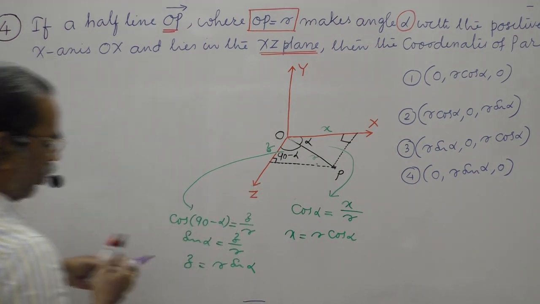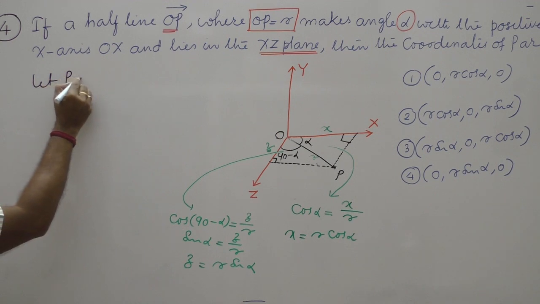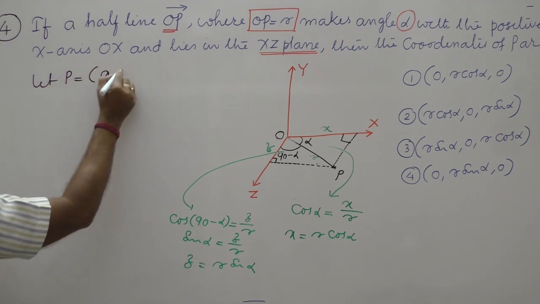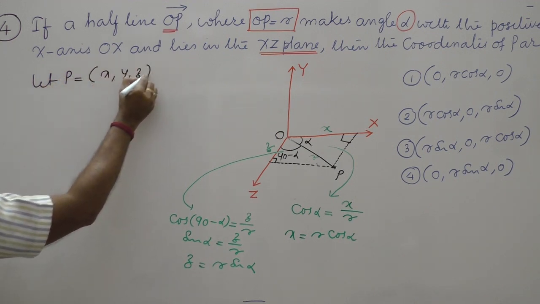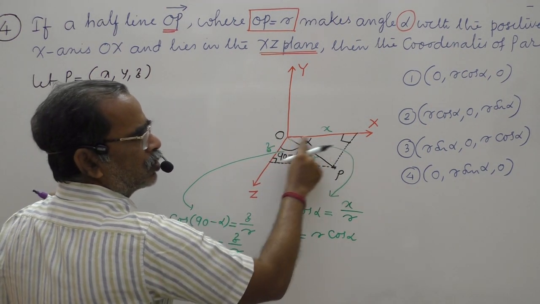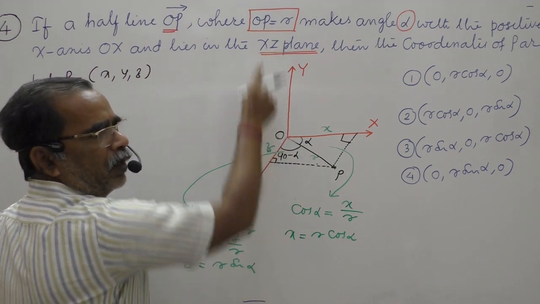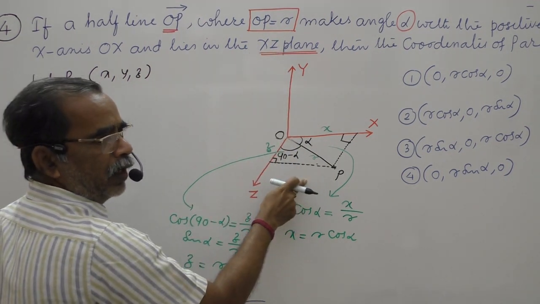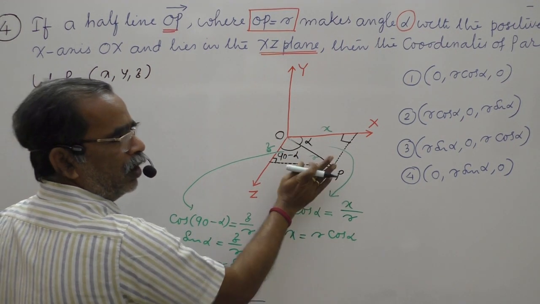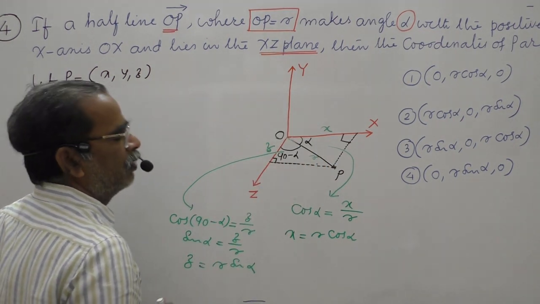So what are the coordinates of P? Firstly, we will suppose the point P is x comma y comma z. X means its x coordinate, this distance on the x-axis. Y means the distance on the y-axis. It is in this plane, therefore it will be lying on the floor, no height. So y is 0, no need to find y.